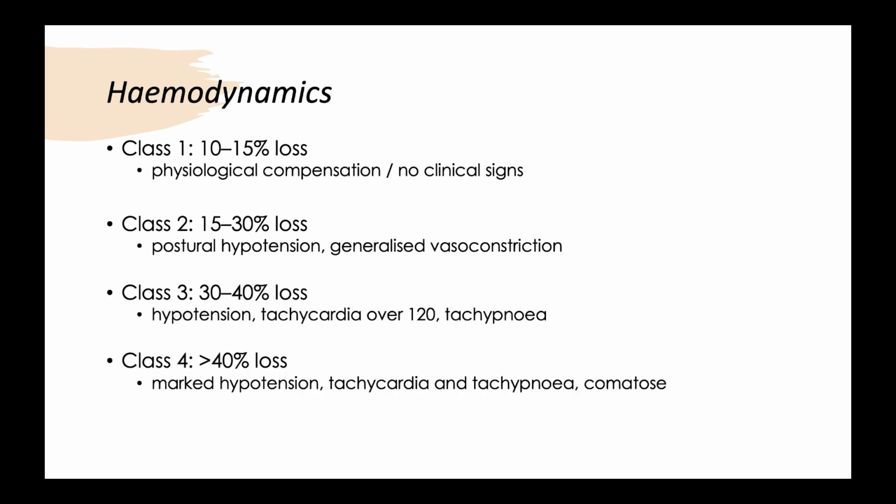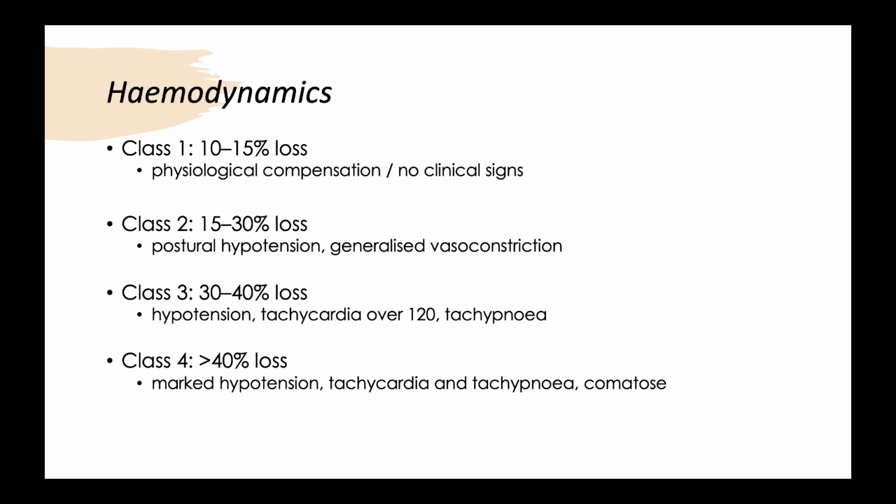Okay. So, haemodynamics: there are a few different classes of loss. It's quite important to learn this, especially for exam purposes. You've got class 1, which is around 10 to 15% loss. In terms of physical signs, you don't really get any, and there's not really much physical compensation. In class 2, you've got 15 to 30% loss.